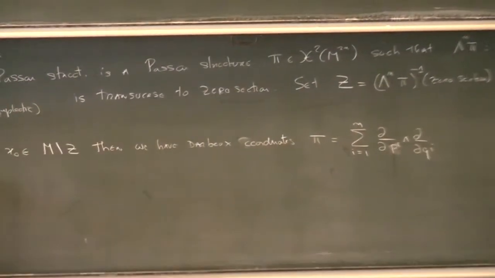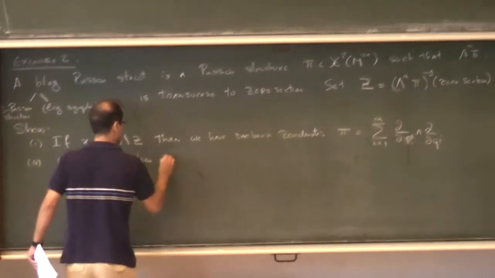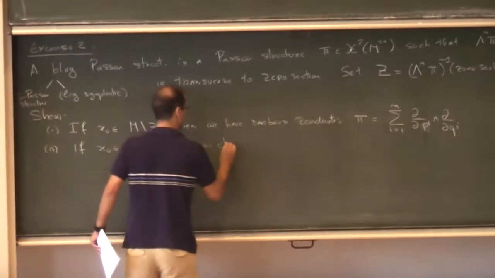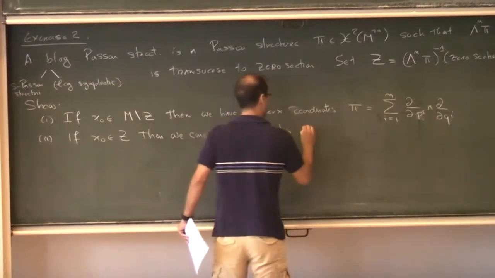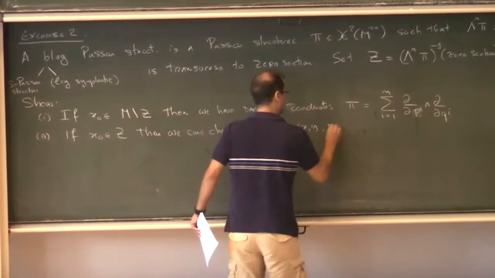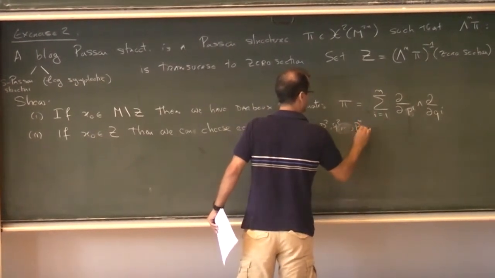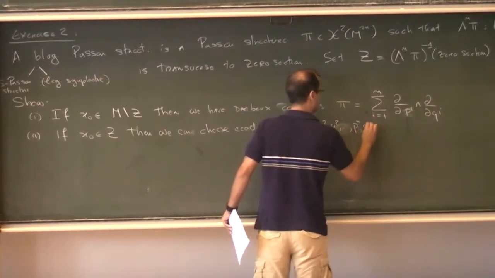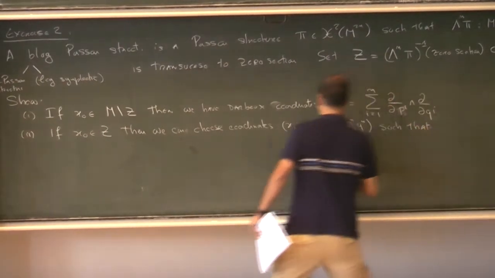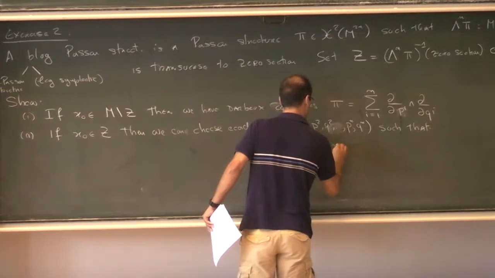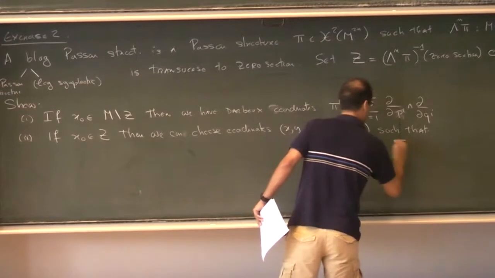And if you take a point in the zero set, then we can choose coordinates x, y, p2 up to pn, q2 up to qn, such that this pi is going to have a part which looks like this, and then the symplectic part.